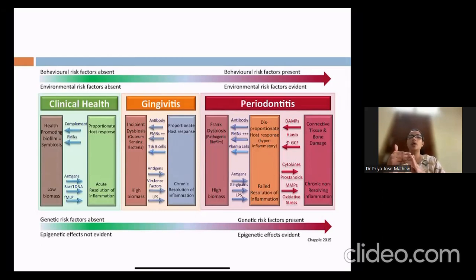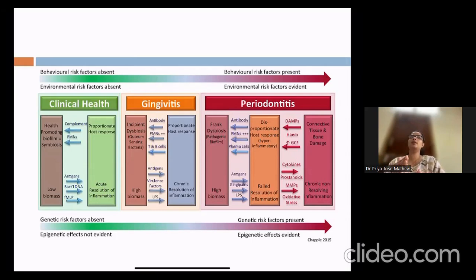So this dysbiosis has occurred, but still the host response is good. Again, you have a proportionate host response, not a disproportionate host response that leads to more destructive patterns. So it is still in the gingivitis stage. Again, there are a lot of determining factors: behavioral factors like habits, and environmental factors like smoking and other risk factors.